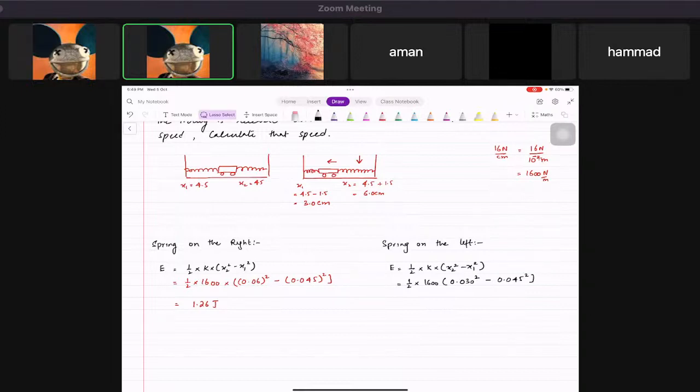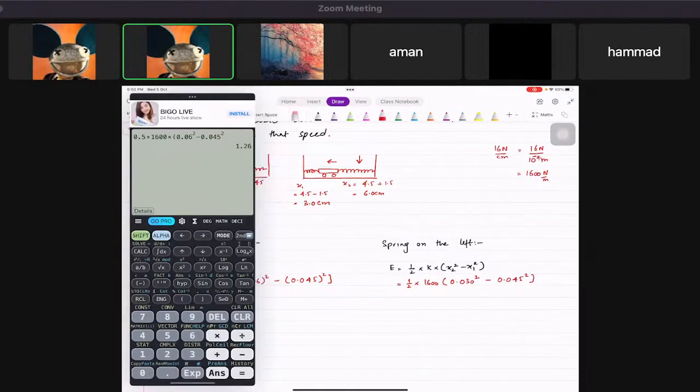So let me just change the color a bit. Okay, then you put it into the calculator again. This time we can just change this value, and that basically gives us something like minus 0.9.